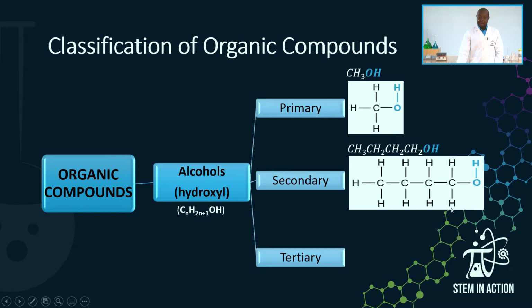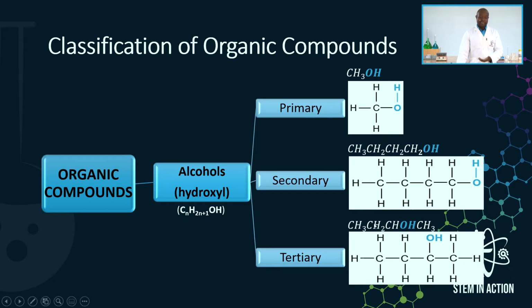But at the same time, like I said, we can look at it in terms of carbons or in terms of hydrogen. So look at it in terms of carbons. This carbon is not bonded to any other carbon, right? The carbon that is bonded to our hydroxyl group. This carbon that is bonded to our hydroxyl group is bonded to 1 carbon. When we move to the tertiary, we'll notice that this carbon that is bonded to our hydroxyl group is bonded to 2 carbons.